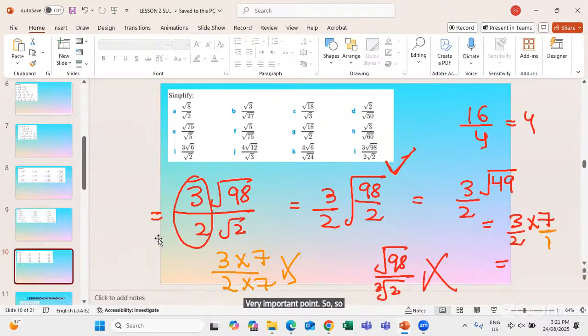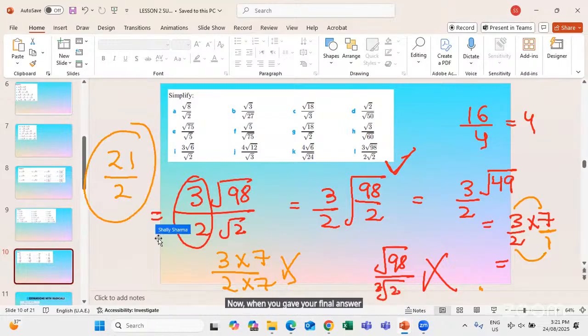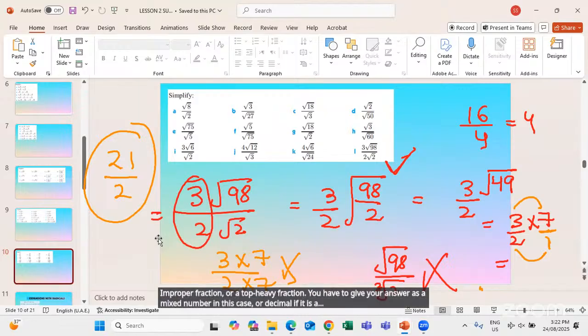So far we reached 3 by 2 into 7 by 1. So 3 times 7 is 21, and 2 times 1 is just 2. Now, in your final answer, this is an improper or top-heavy fraction. You have to give your answer as a mixed number, or a decimal if it is terminating.